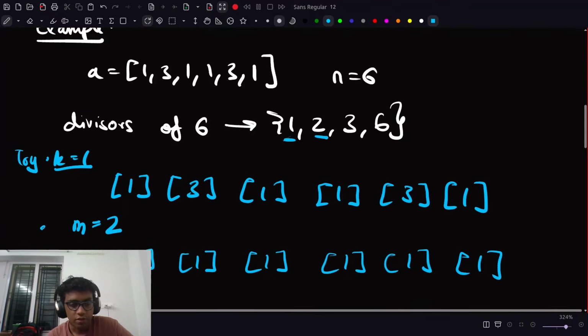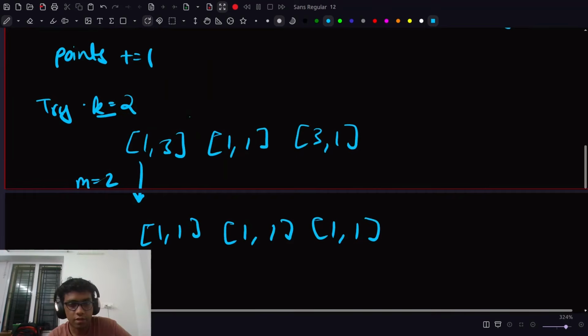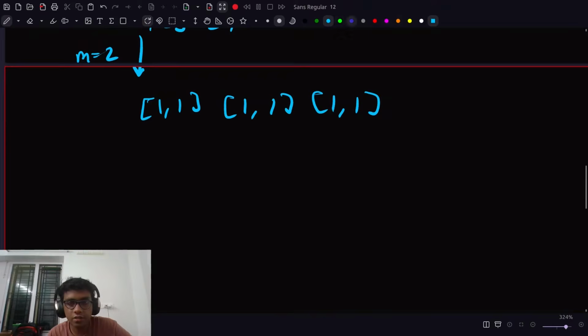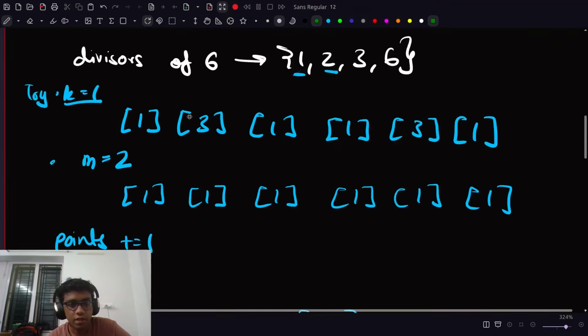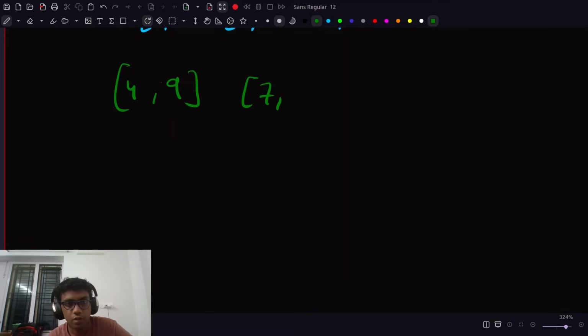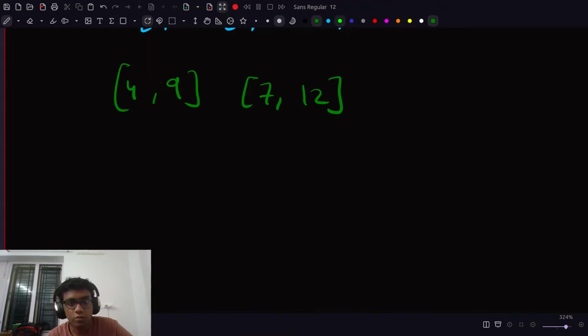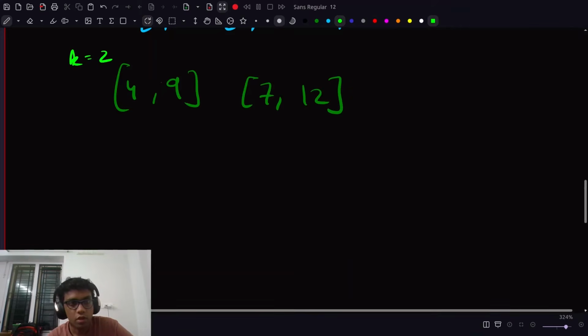You can check for each divisor if there exists some value m such that it makes all the arrays equal. For example, let's say we have 7 and 12, and these were the two blocks, with k equals 2 and n equals 4.